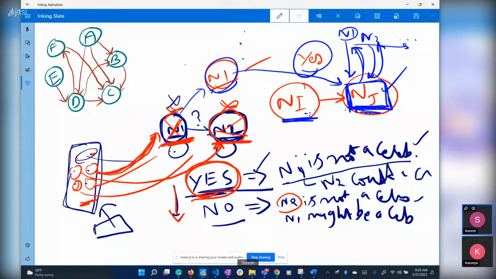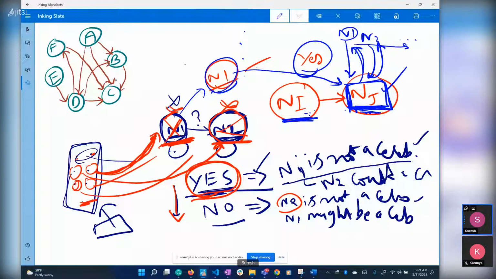at the end of this process. If he knows any one person in the list, or else if he maintains some adjacency list, then he is rejected as a celebrity, right? Exactly. In that situation we can simply say no celebrity exists, because we already processed the two nodes, and we already eliminated n1, n2, n3, n4, all the way to n(i-1).